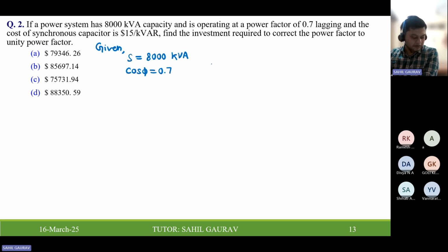So let us first find this power factor angle. Cos inverse of 0.7 is 45.573 degrees. So sine phi is 0.714.